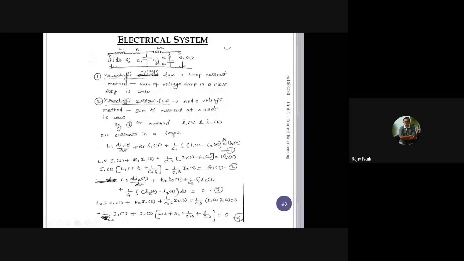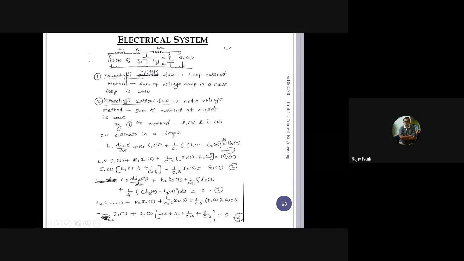That means we write the equation: supply voltage is equal to this plus this plus this, just as we did in the previous example. So that is called Kirchhoff's loop current method. The law governing that, remember, is a voltage law. So the voltage law leads to a loop current method.